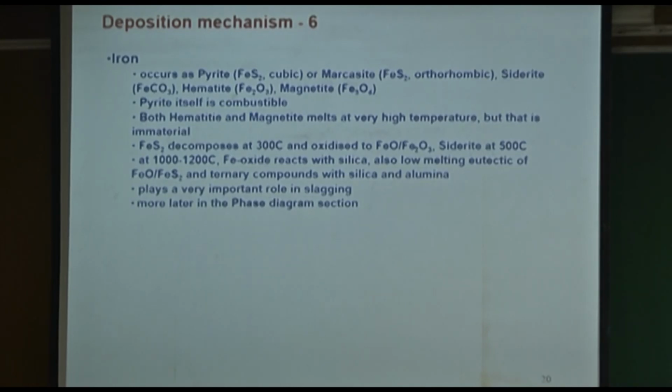Iron is another one. As I have said, iron can occur as pyrite, or it can occur as marcasite. These are all different structures of iron. Or it can be present as just hematite or magnetite, or as siderite. So it depends.